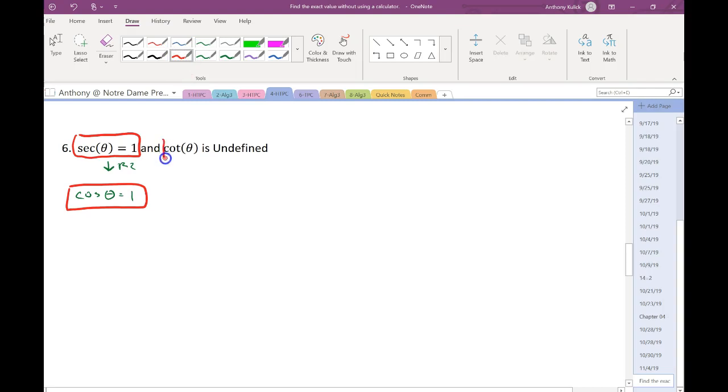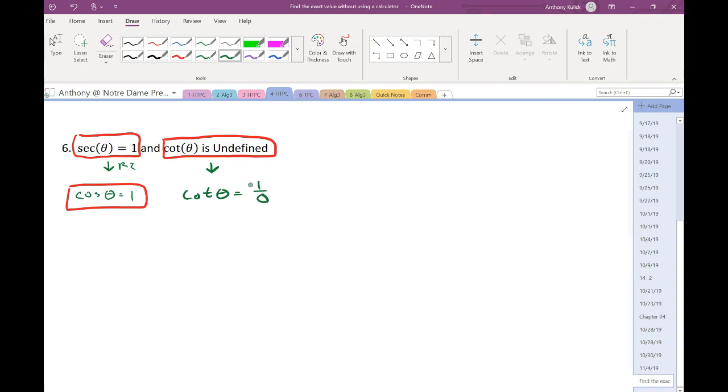I know cotangent is undefined. What does undefined mean, though? It's going to be something divided by 0, right? I'm just going to put a 1 there. I don't really know what that numerator is going to be, but I know it's going to be something divided by 0.